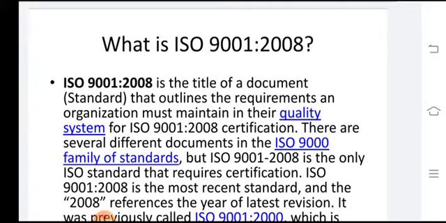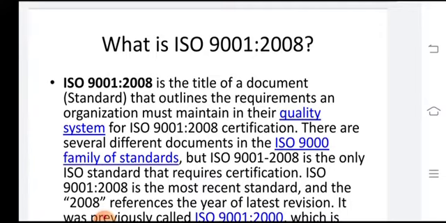So ISO 9001:2008 is the title of a document that outlines the requirements an organization must maintain in their quality system. So that is related to the ISO 9001:2008 certification.